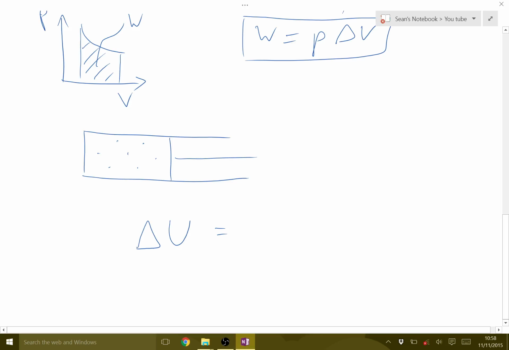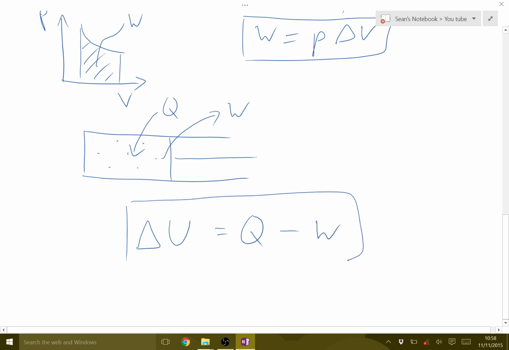And there's a convention in signs that we use. Now we always think about heat in this direction, where we're heating the system. So we're putting heat energy in, so that's positive. And we think of work as the other way. So we think of work as work done by the system. So that's negative. And that is our equation.